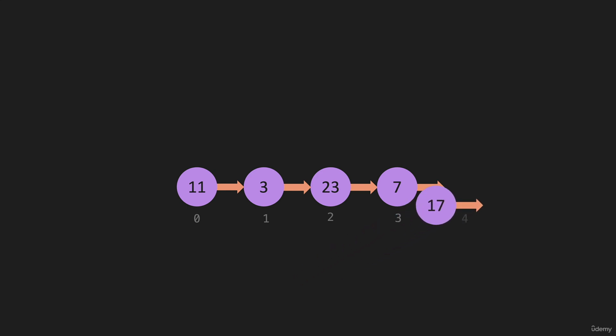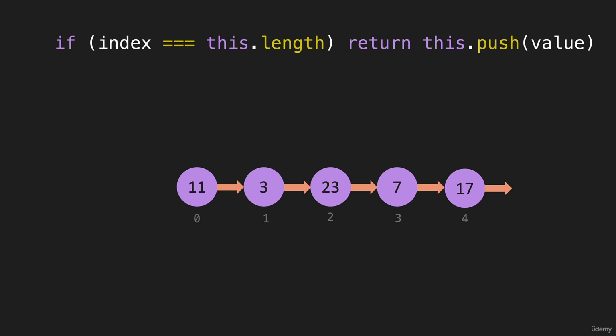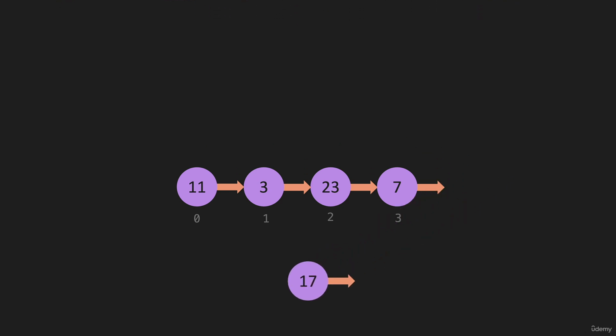Another possibility is that we put this at the other end, and we've seen this before. So we can say if the index is equal to the length, return this.push, and we just use the push method. Another possibility is that we try to insert this out here at an index that does not work on this end or on this end.